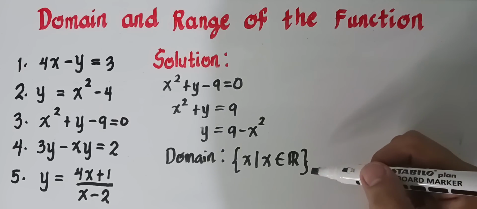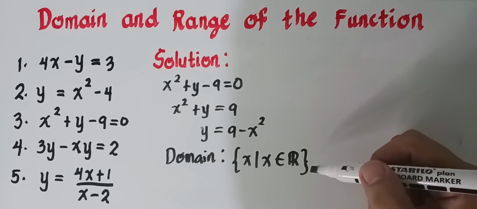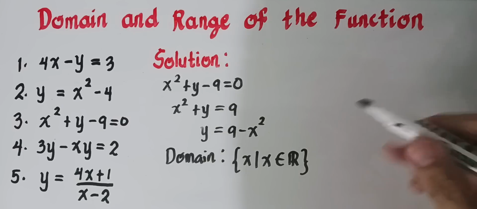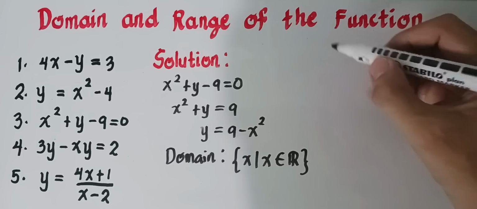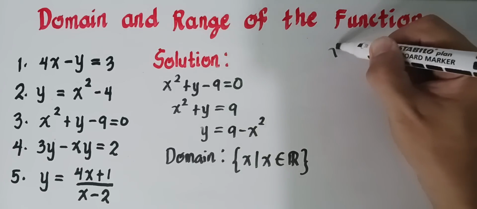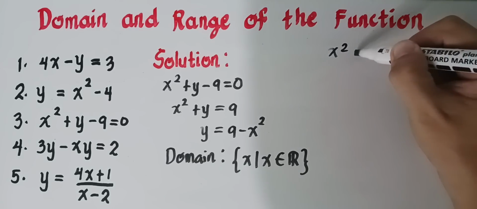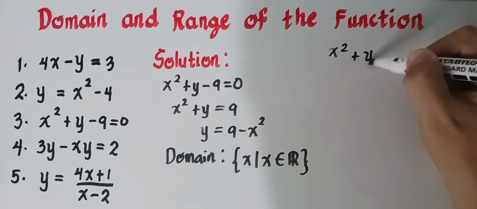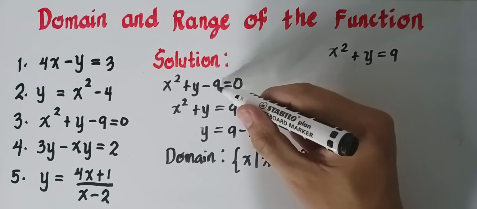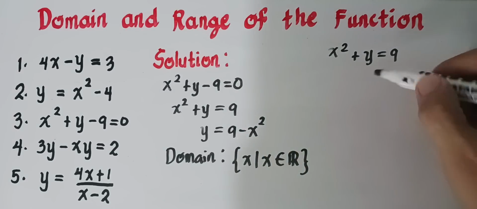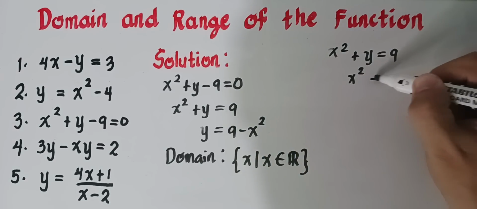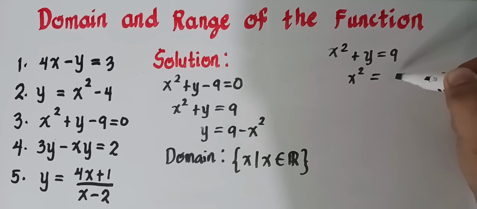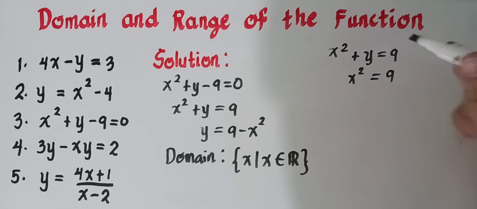And now, to solve for the range, to find the range, solve for x. So, we have x squared plus y equals 9. So, ito yan guys. And then, ililipat naman natin si y sa kabila, no? So, ito ay magiging positive y, magiging negative y.